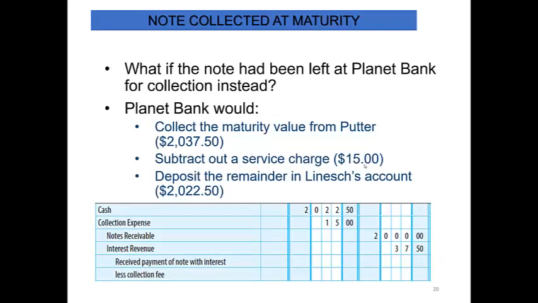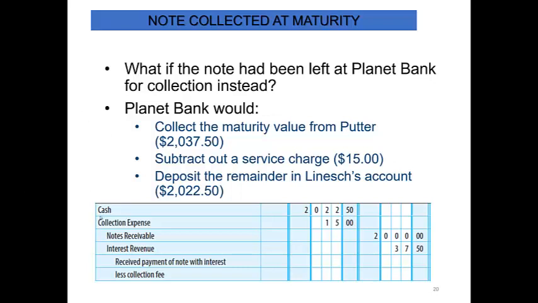In this example, it says, what if the note had been left at Planet Bank for collection instead? If Planet Bank collects this note for us, of course they're going to probably charge us for that. So in this case, they charged us $15. So if we take the $15 out of the $2,037.50, that leaves us to collect $2,022.50.